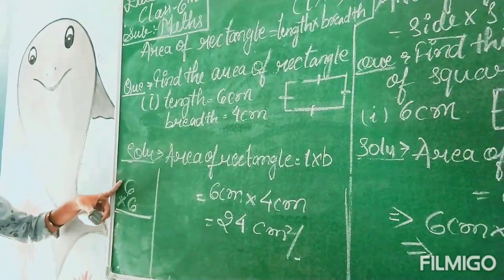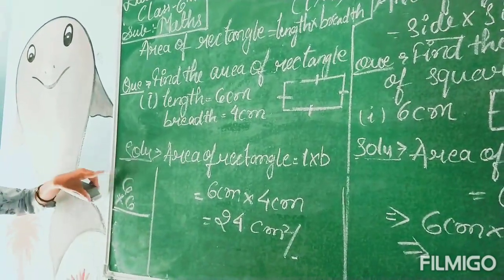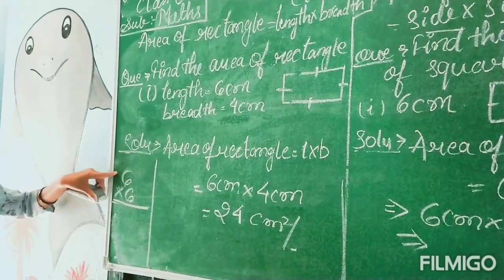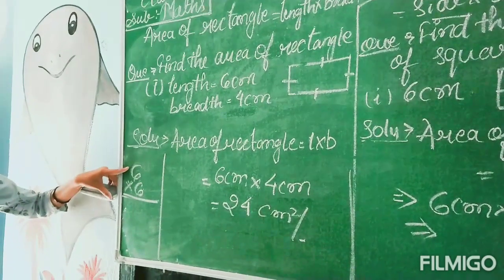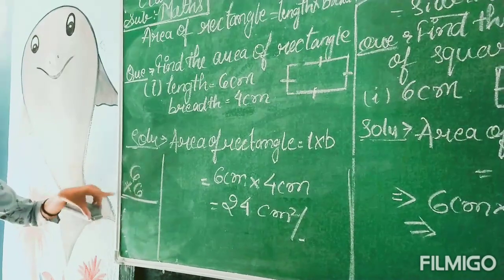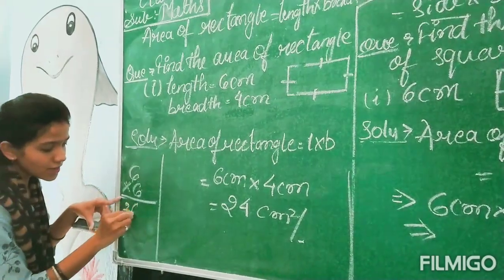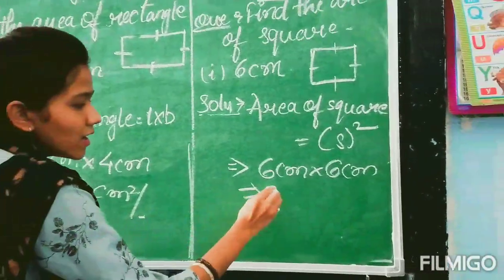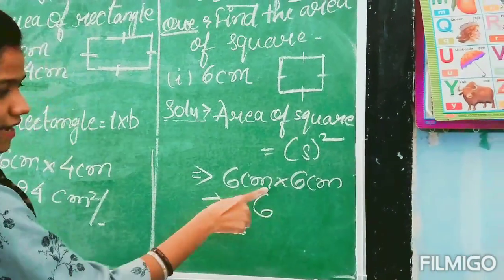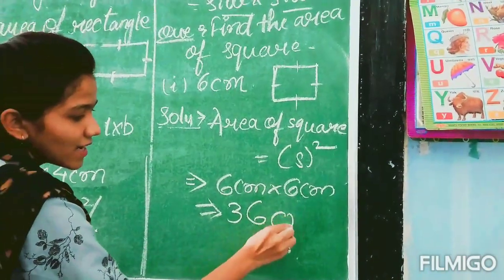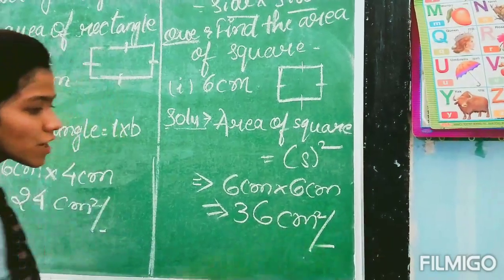Then learn the table of 6. 6 1 is 6, 6 2 is 12, 6 3 is 18, 6 4 is 24, 6 5 is 30, then 6 6 is 36. What is the answer? 36. Then centimeter centimeter multiply, centimeter square. Clear?